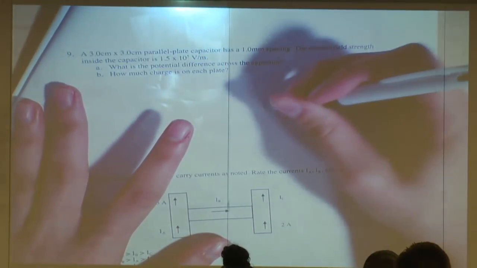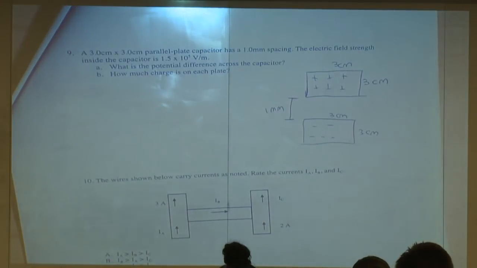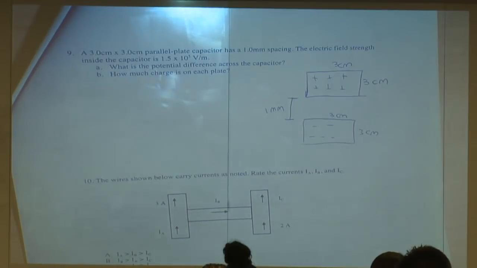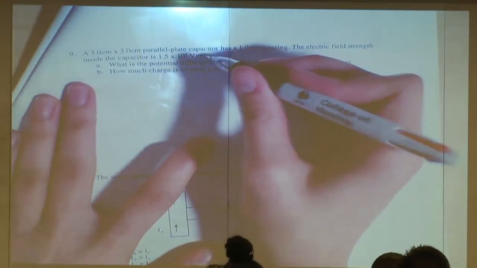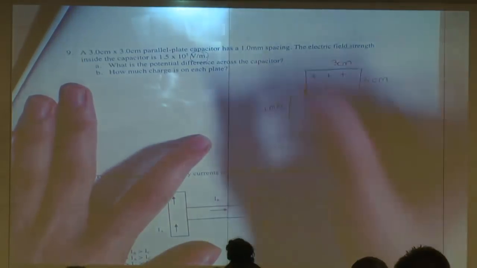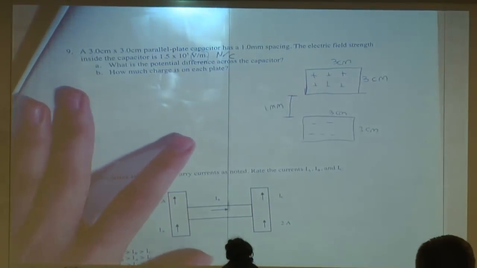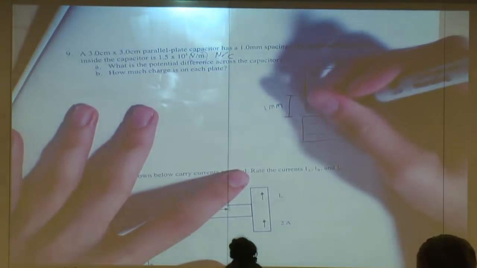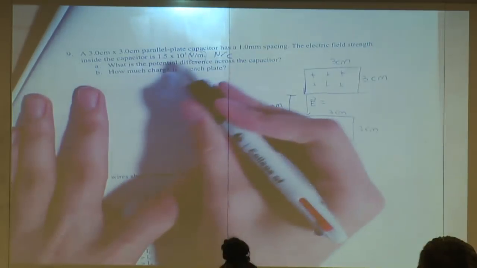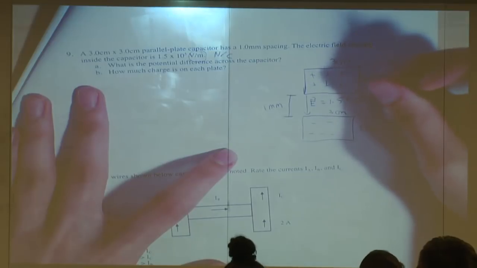So that's 1 millimeter. And then it says the electric field strength inside the capacitor is 1.5 times 10 to the 5th volts per meter. And remember, volts per meter is also a valid unit for electric field, as well as newtons per coulomb, so don't get confused if you see both of those. Okay, and I'll just draw the field arrow, so that's the electric field. So it's 1.5 times 10 to the 5th volts per meter.